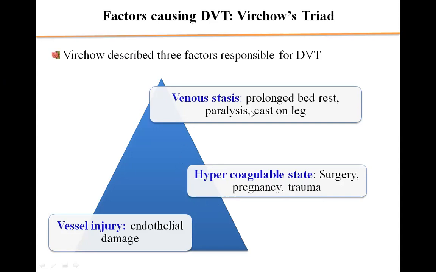Venous stasis may occur because of the prolonged bed rest after surgery or after paralysis, or the cast on the leg because of the fracture. Then hypercoagulable state, which may be present because of the surgery, pregnancy, or the trauma. Vessel injury, there is endothelial damage and which leads to the formation of the deep vein thrombosis.